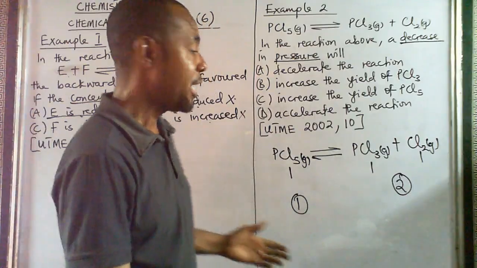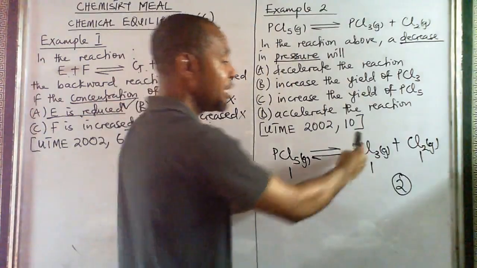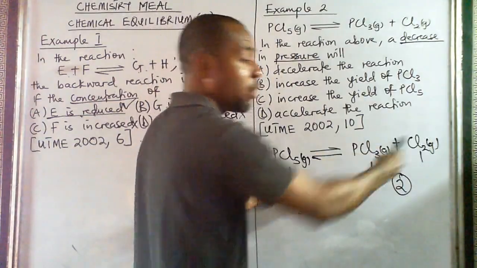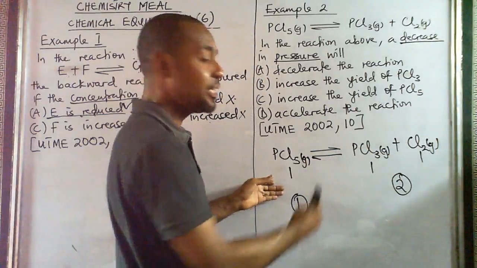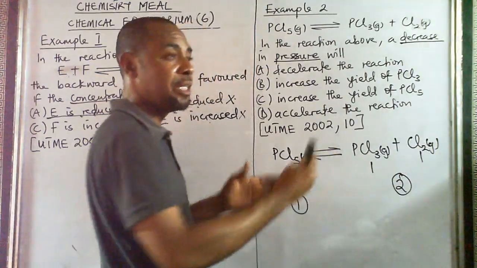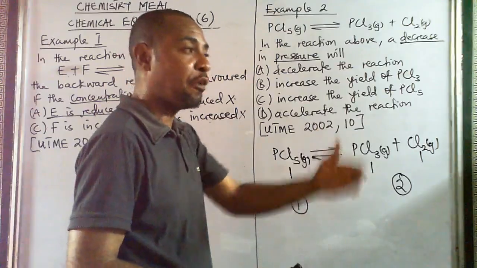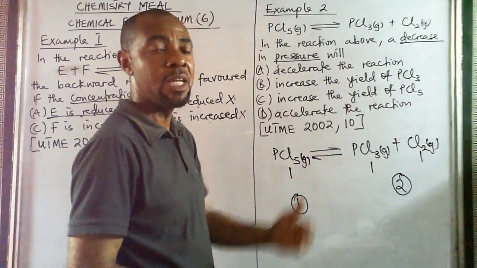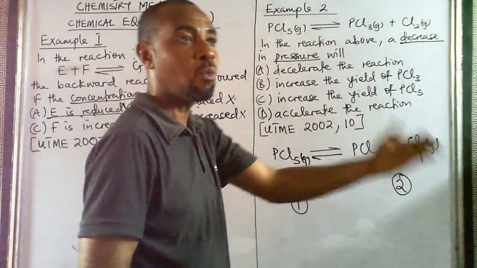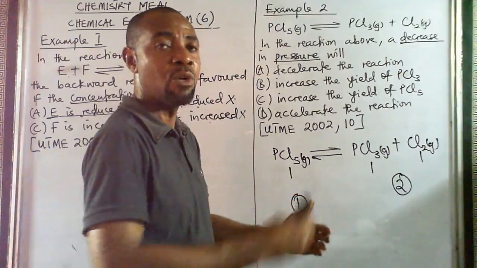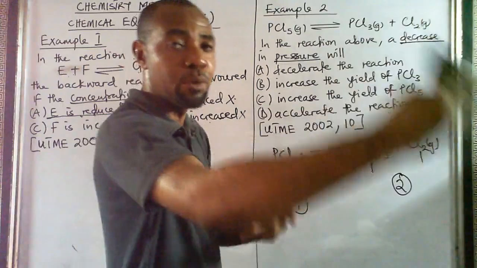Another meaning: if the right-hand side is favored, the substances there will be produced more. The yield will increase. Any side that is favored, the yield of that side will increase. The formation, the production, and the amount of substances on that side will increase.